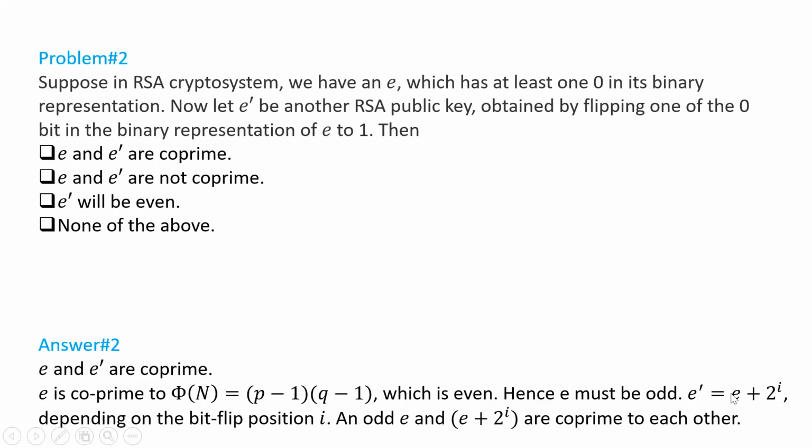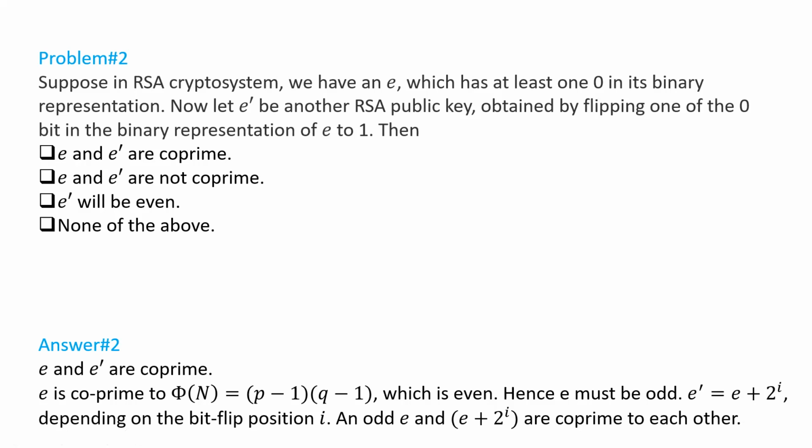So the prime factorization of E having no 2 or any power of 2 in it, you cannot extract some common factor from E and E plus 2 to the power I, right? So that's how you can observe yourself and conclude that E and E dash, which is E plus 2 to the power I, are co-prime to each other. So our correct option is that E and E dash are co-prime.